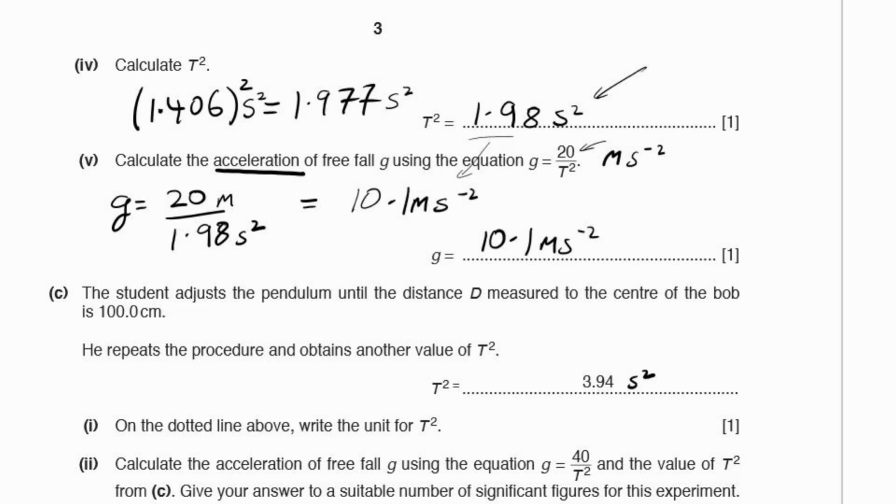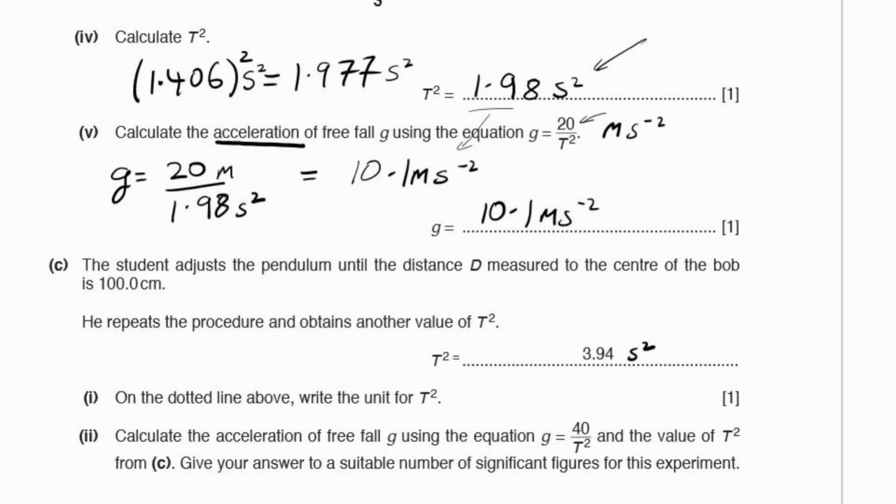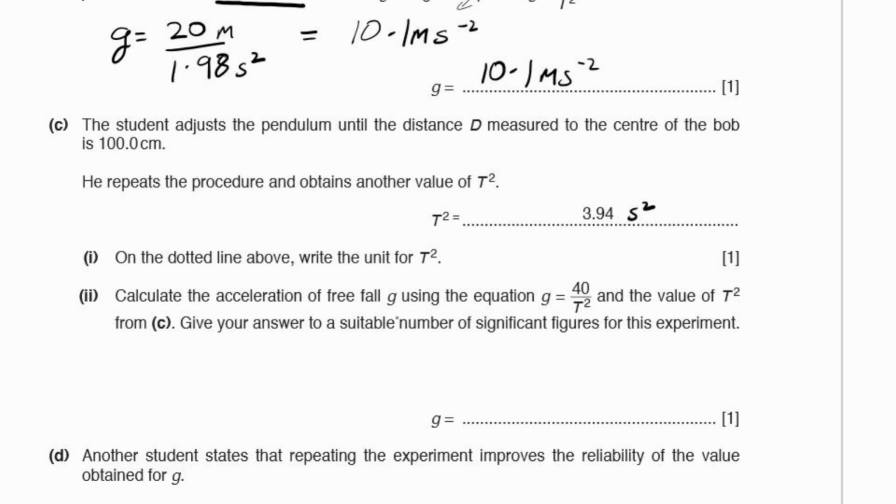Calculate the acceleration of free fall g using the equation g equals 40 divided by t squared and the value of t squared from C. Give your answer to a suitable number of significant figures for this experiment.